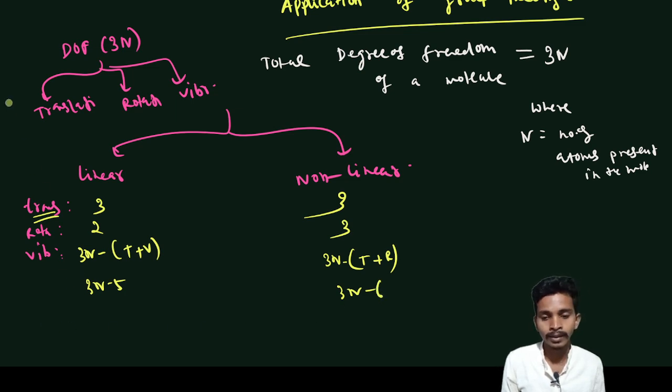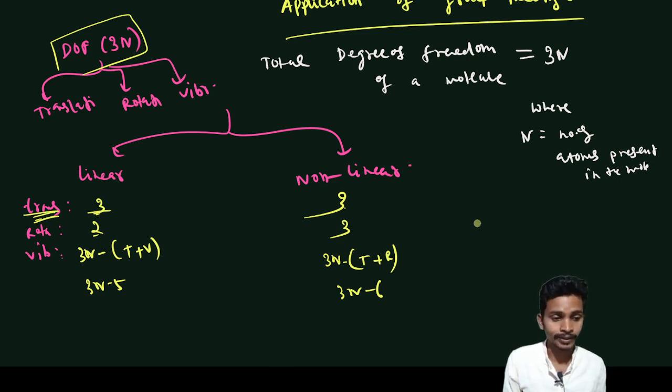So these are the general things we know about the degrees of freedom. Generally we assume that translational are 3 for both linear and non-linear, rotational are 2 for linear and 3 for non-linear, and we calculate vibrational as the total minus the sum of translational plus rotational.